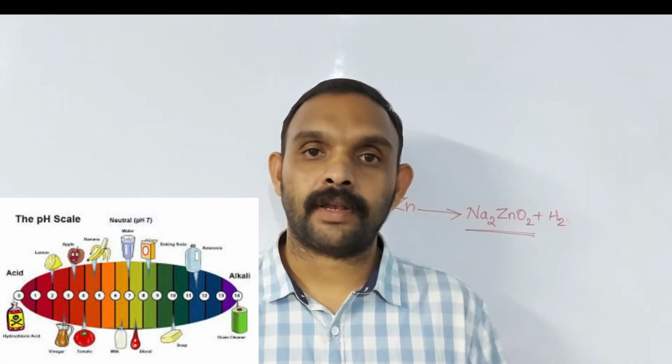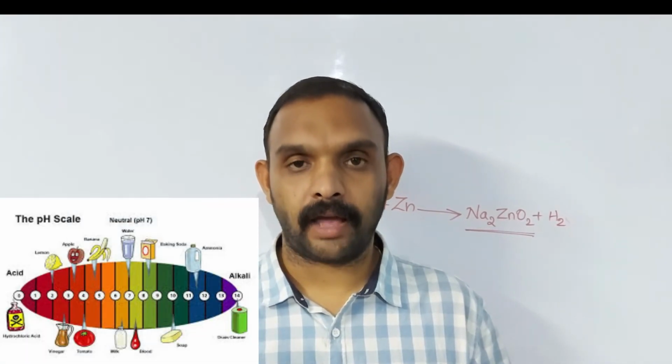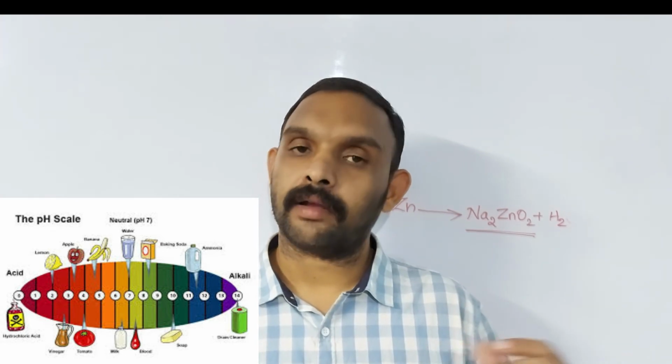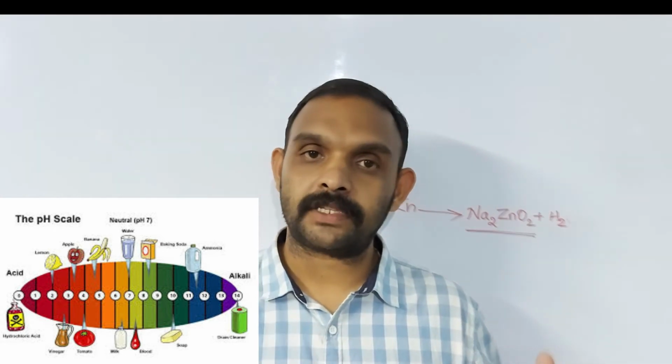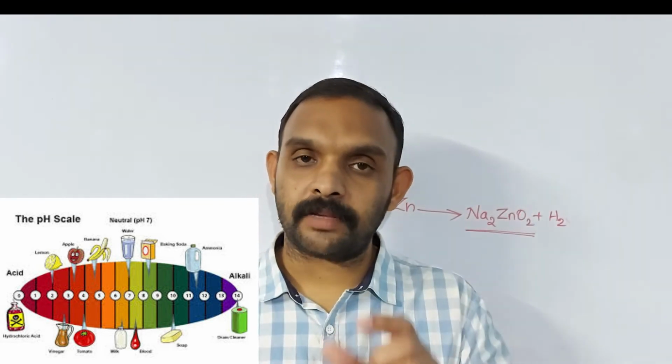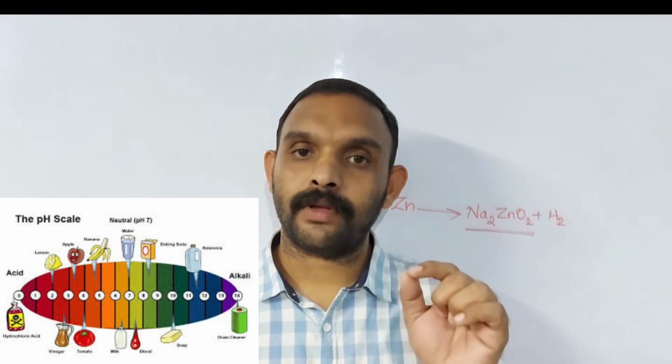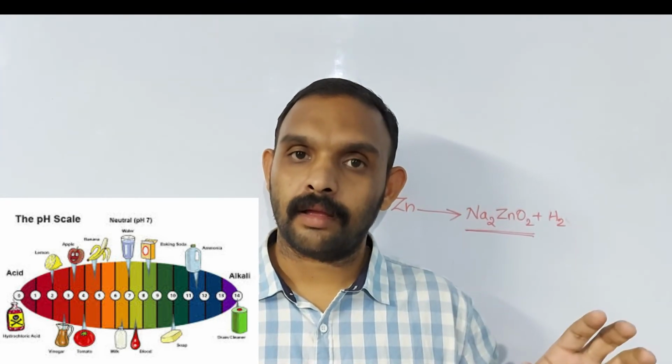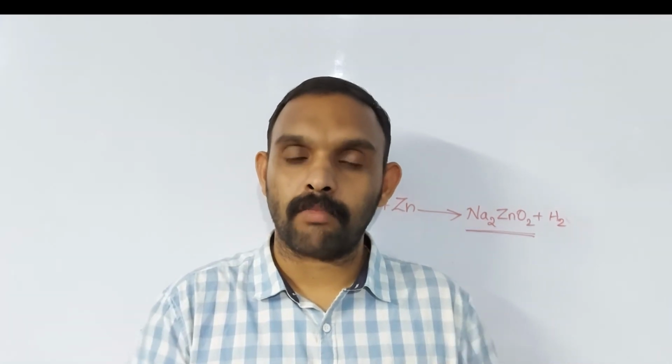In this scale, 7 is considered the neutral point. From 7 to the right side, there are bases, and from 7 to the left side there are acids. Depending upon the position in the pH scale, we can determine whether acids are strong, moderate or weak. Same way for the bases also.